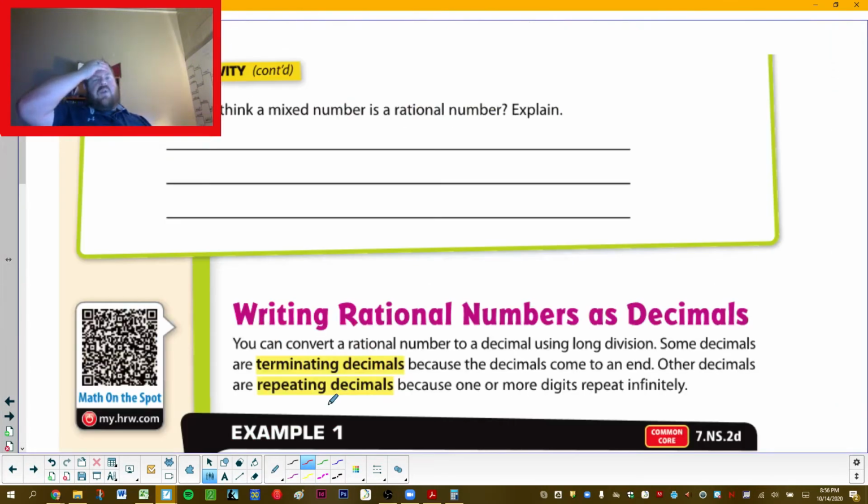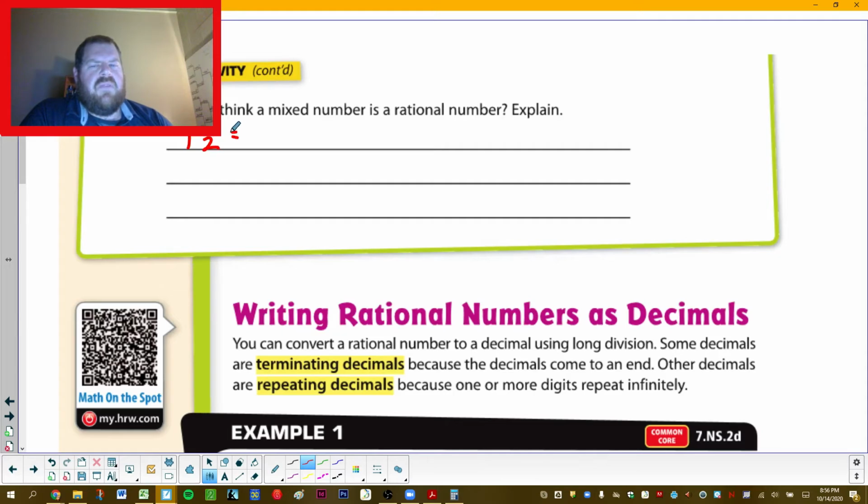Last reflection question here. It says, do you think a mixed number is a rational number? Well, let's think of a mixed number. How about 1 1/2? Seems like a pretty easy mixed number, right? So I've got a whole piece and then another half a piece. Can I write that as an integer over an integer? It's not right now because there's a number out in front.